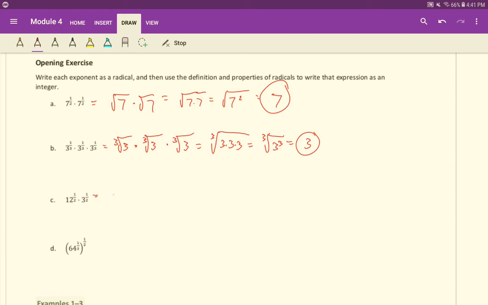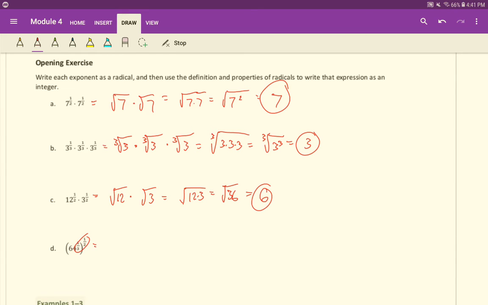1/2 and 1/2, so it's going to be the square root of 12 times the square root of 3. And then, since they're both underneath the square root, we can do 12 times 3 underneath the square root, which is the square root of 36. And what's the square root of 36? 6. Okay, here we have a power raised to another power.